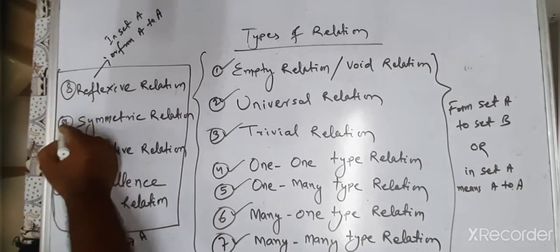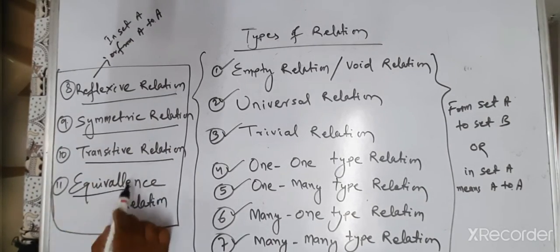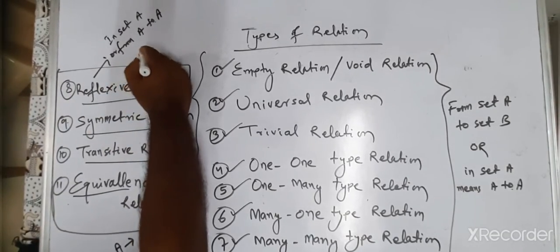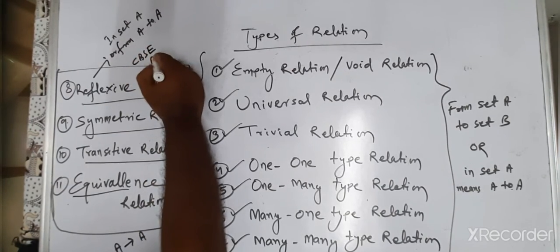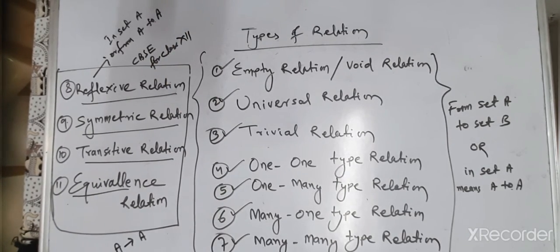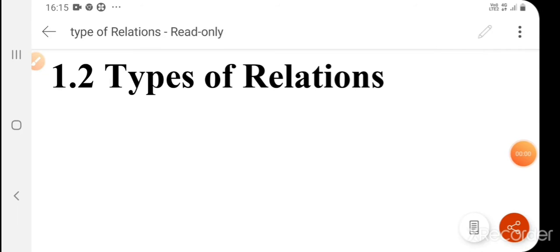Next we discuss 8, 9, 10, 11, that is reflexive relation, symmetric relation, transitive relation, and equivalence relation. These four relations are mainly for the CBSE class 12 syllabus. So here we discuss the different types of relation one by one.